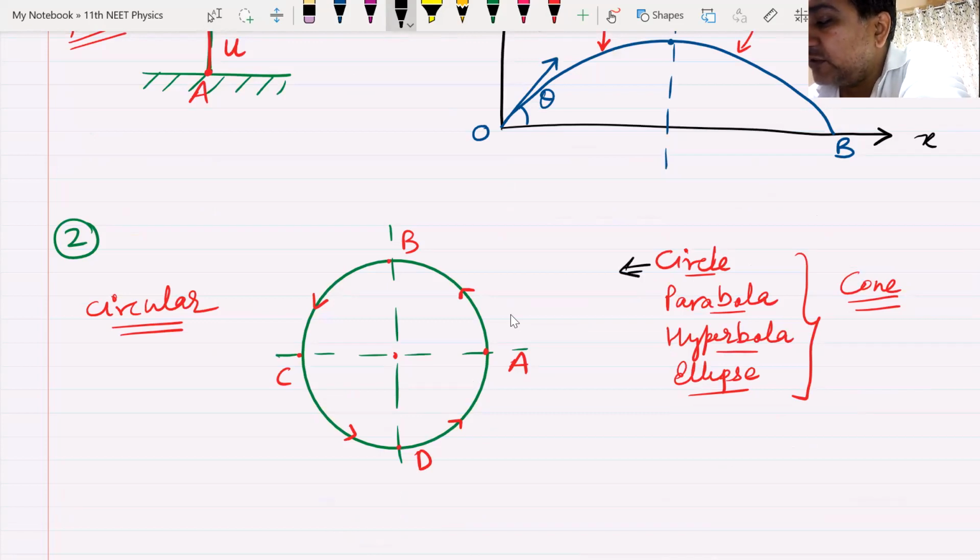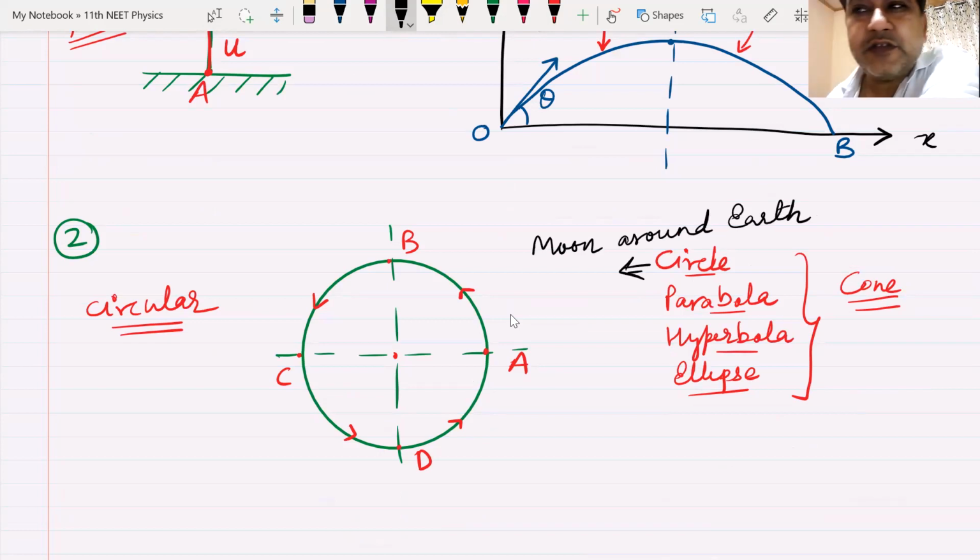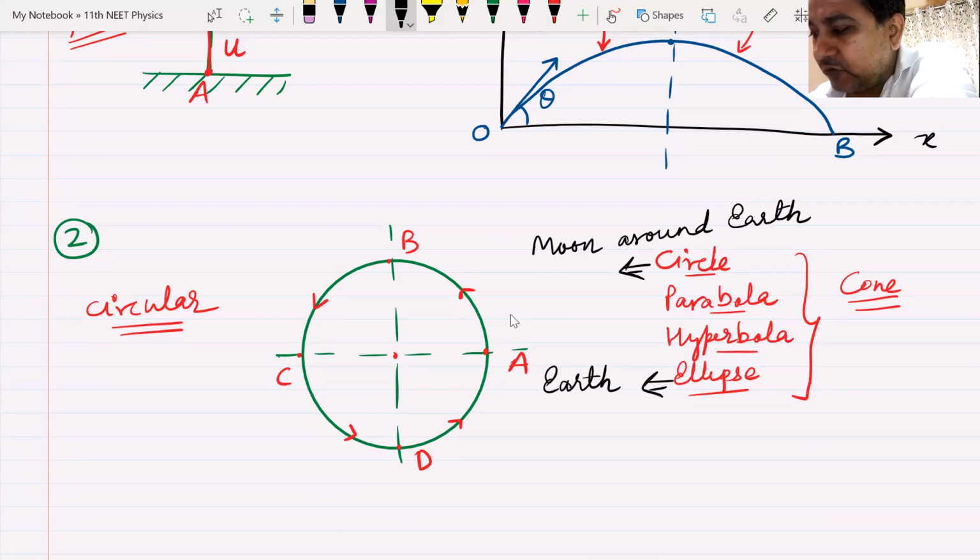Moon around Earth. All these planets, Mercury, Venus, Earth, Mars, Jupiter, Saturn, Neptune, Uranus, Pluto. Pluto is not a planet anymore. What type of path do they follow around the Sun? If you don't know it, it is an ellipse. Earth moves around the Sun in an elliptical path.